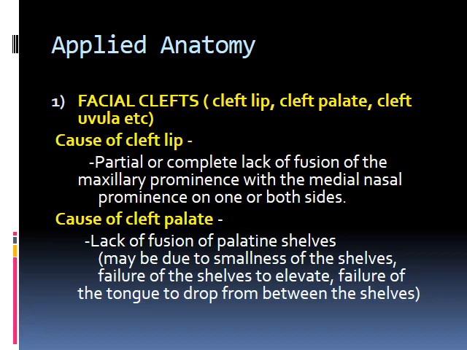Cleft lip means a gap in the continuation of the lip. So the cause of the cleft lip, it could be due to partial or complete lack of fusion of maxillary prominence with medial nasal prominence on one or both sides.